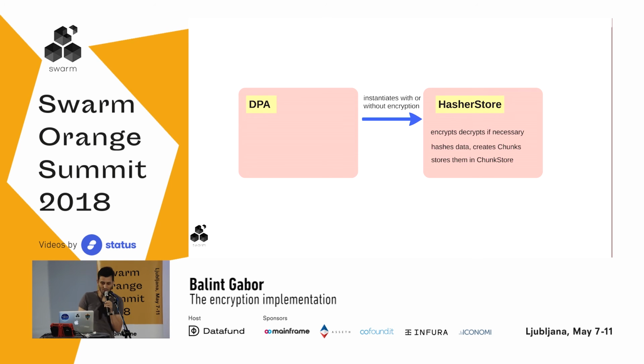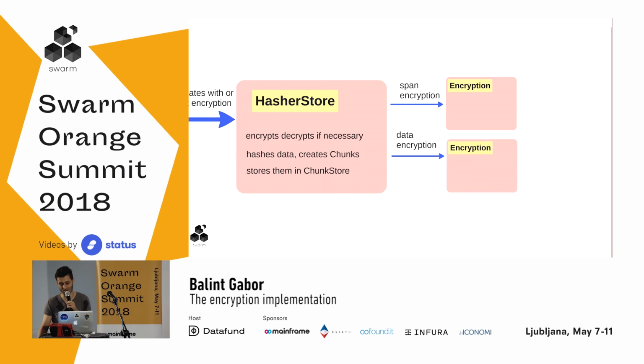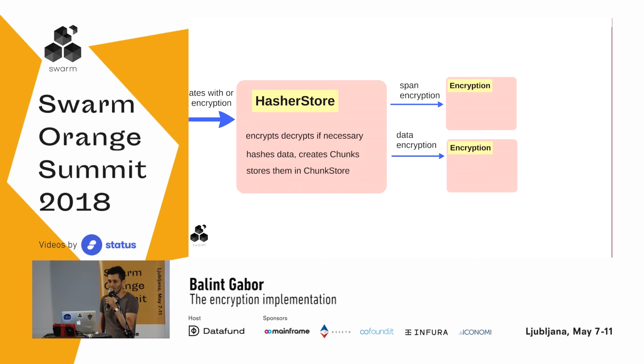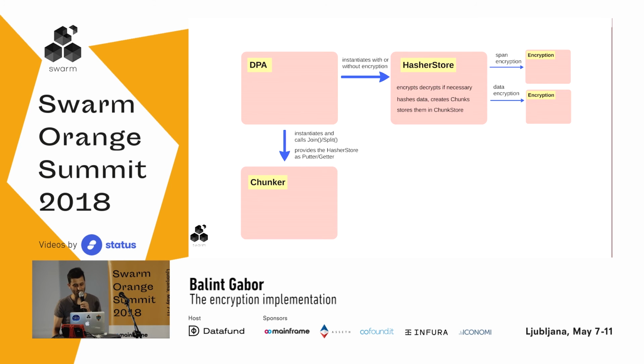The hasher store encrypts or decrypts the data if necessary. It hashes the data, creates the chunk objects, and actually stores them in the chunk store or retrieves them from the chunk store. So actually, the hasher store can have two encryption objects to help instantiate it from this new encryption package. One is responsible for the span encryption, the other is responsible for the data encryption.